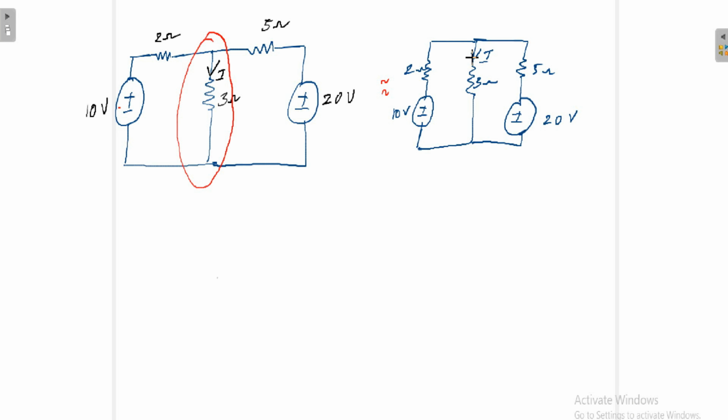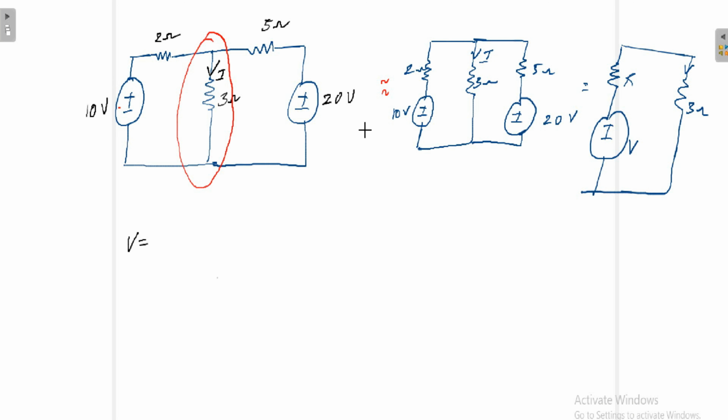By applying Millman's theorem, the circuit changes to this: this is V and this is R. Here you have to connect your 3 ohms. Then how to find your V value? V is equal to V1 by R1 plus or minus V2 by R2, divided by 1 by R1 plus 1 by R2.